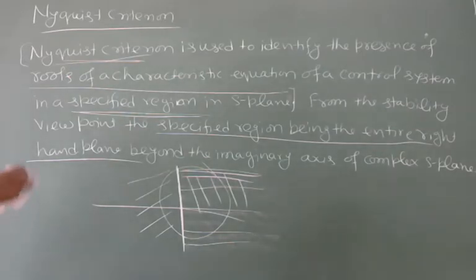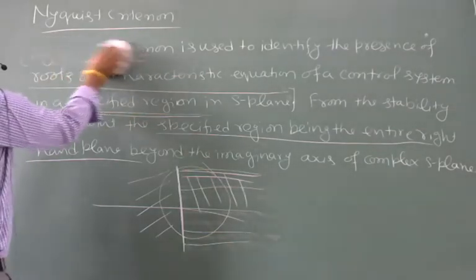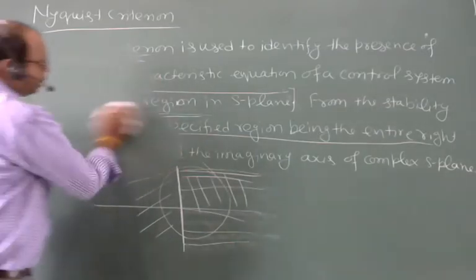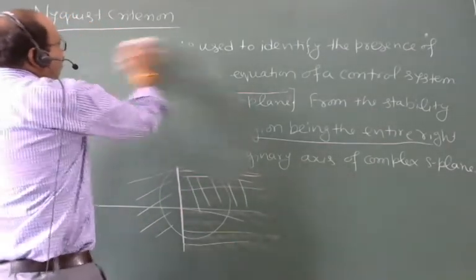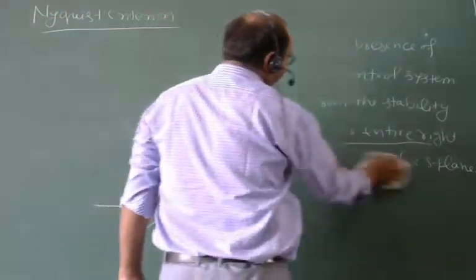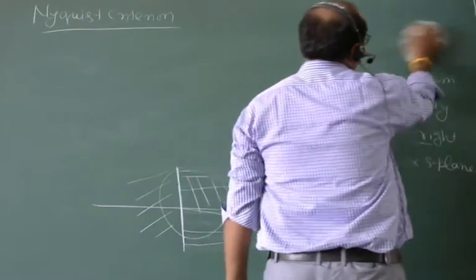How does Nyquist criteria differ from the Routh-Hurwitz criteria?